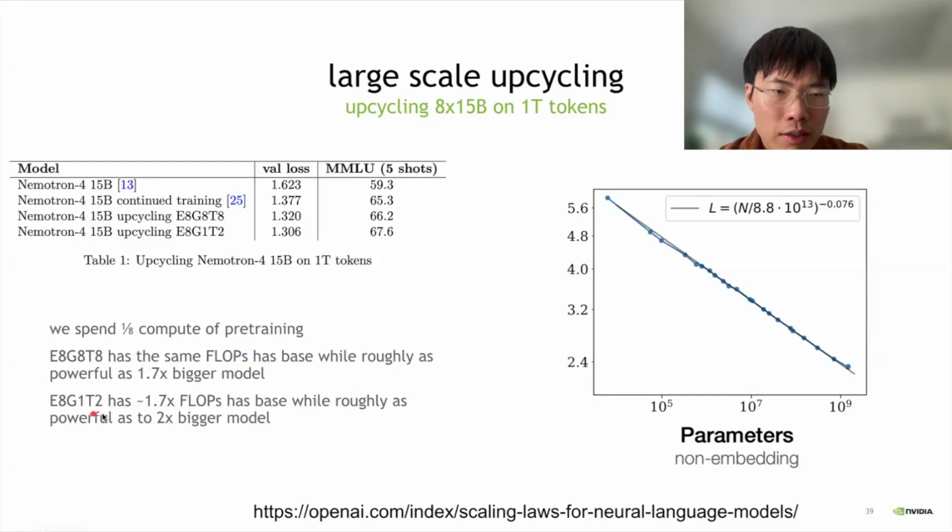And the EAG1 T2 model, which has a 70% increase in compute, is roughly as powerful as a 2 times bigger model. The result is quite interesting because we only spend about 1/8 of the pre-training compute, but we are achieving 1.7 times bigger model performance. So this means upcycling these dense models into MoE is a way to save compute.